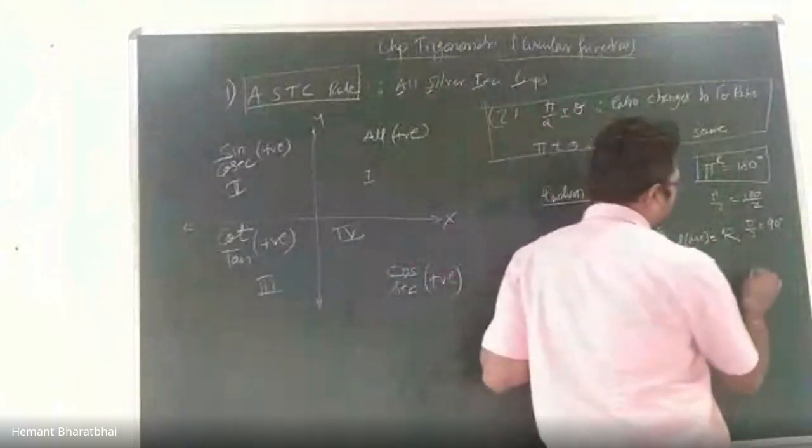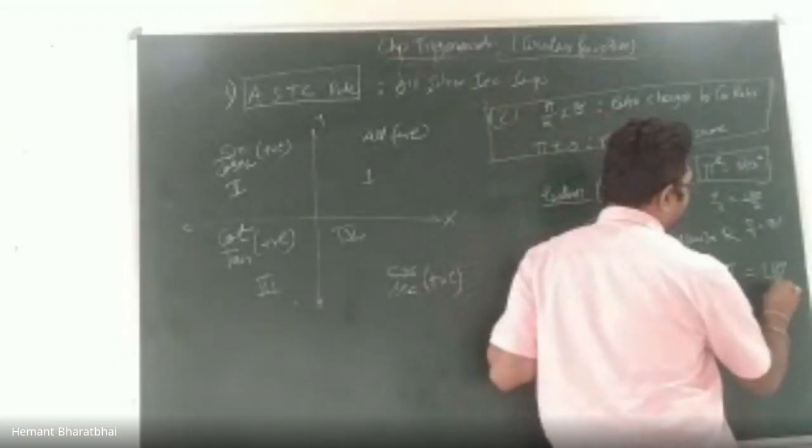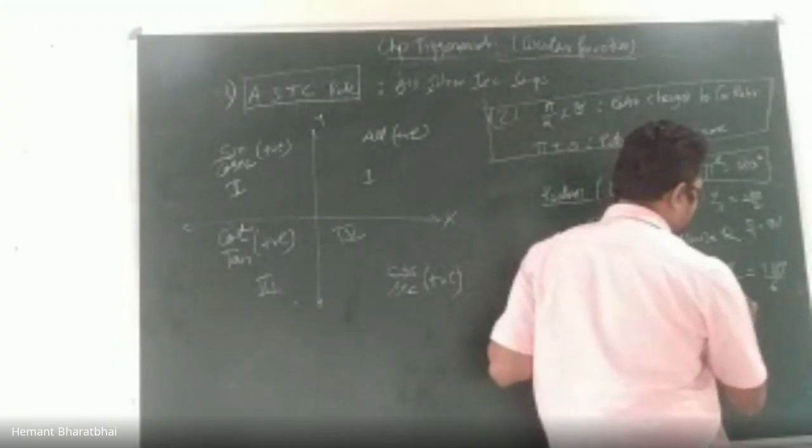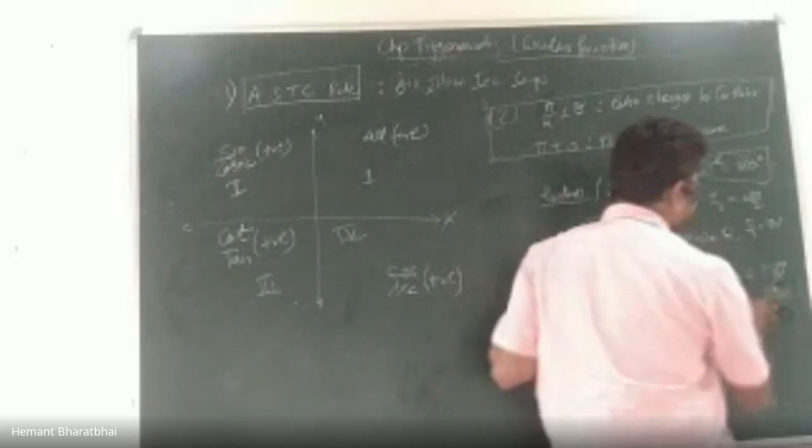Suppose you want to know how much is 30 degrees. We know 180 degrees; to get 30 degrees I divide by 6 on both sides. So pi by 6 is equal to 30 degrees.